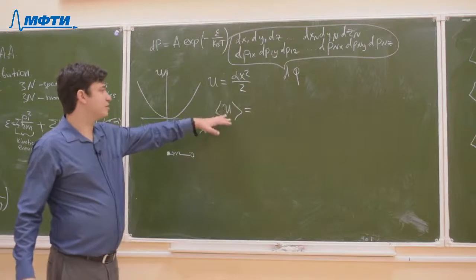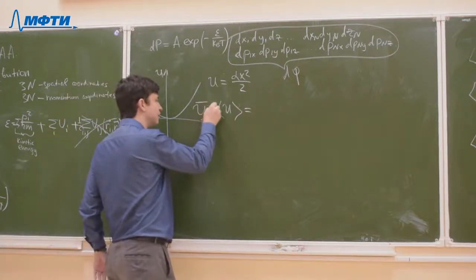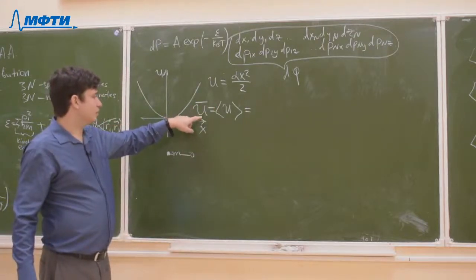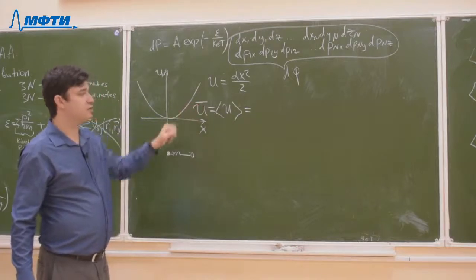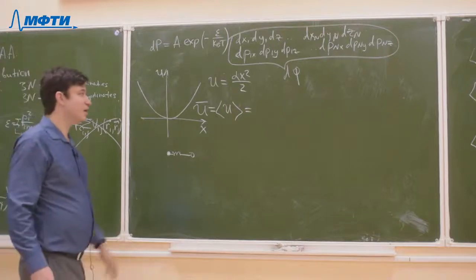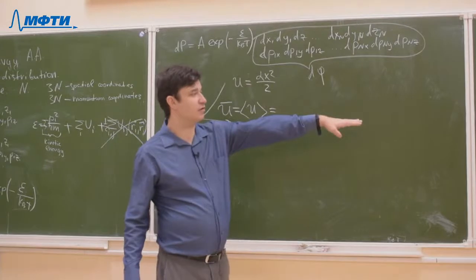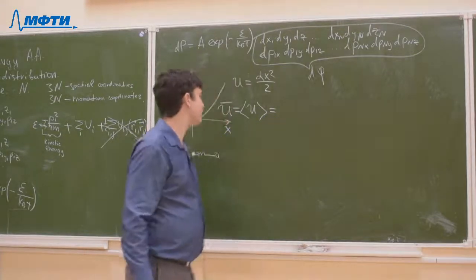Here these brackets have the same meaning of average as this notation. So it's just two different types of notations for average. And this one is more convenient for me when I have more complicated expressions over which I have to take the average.